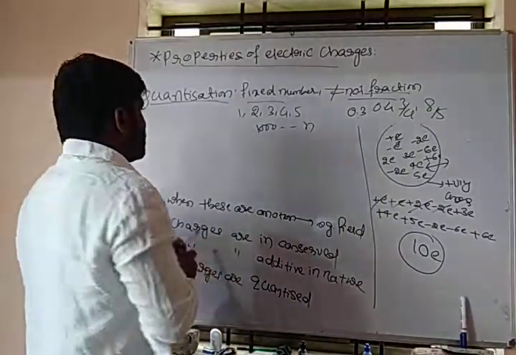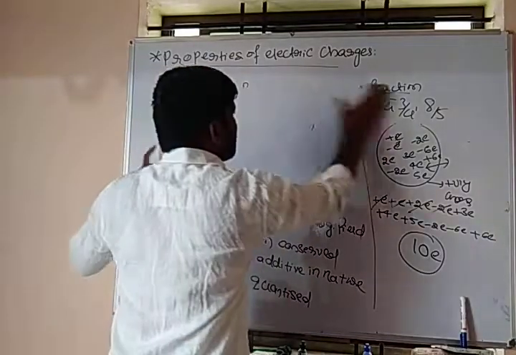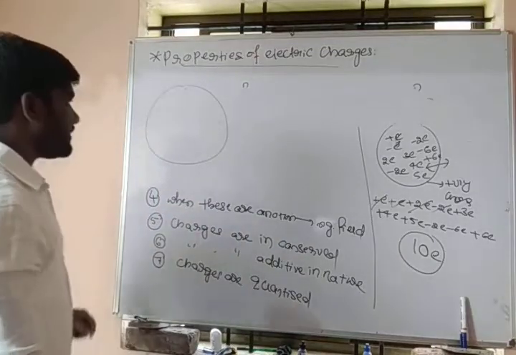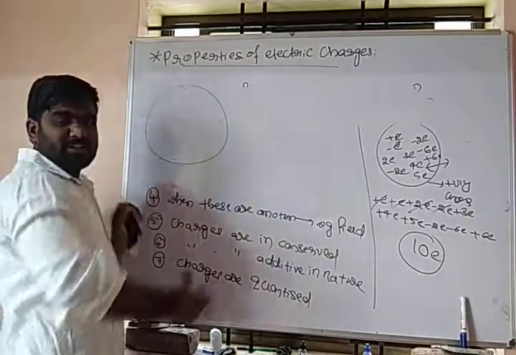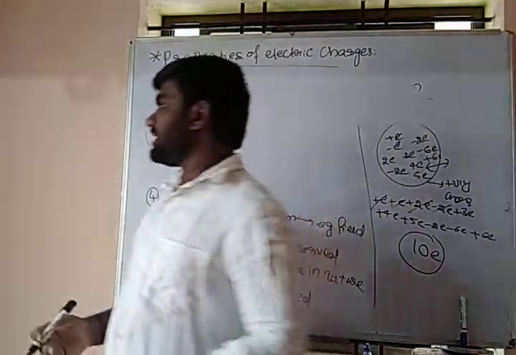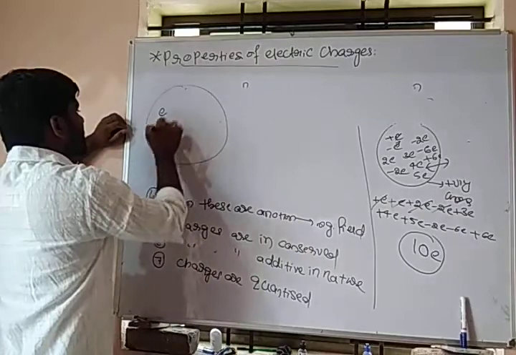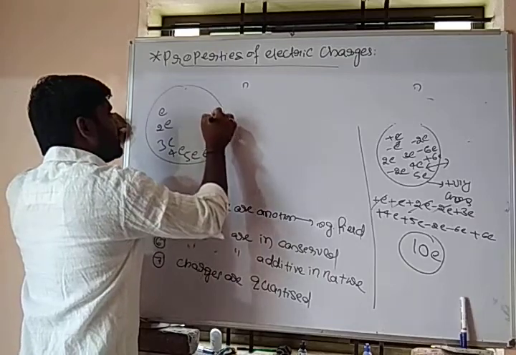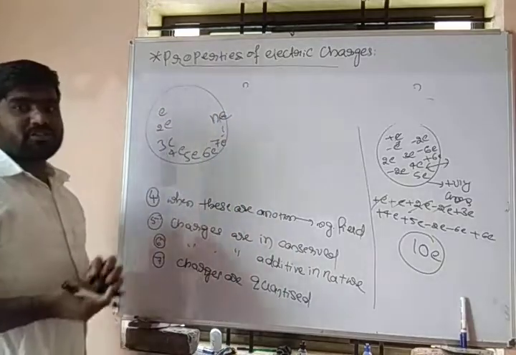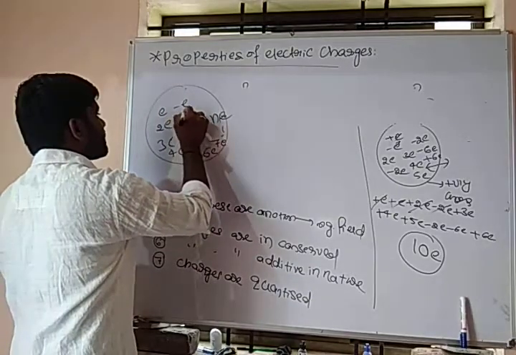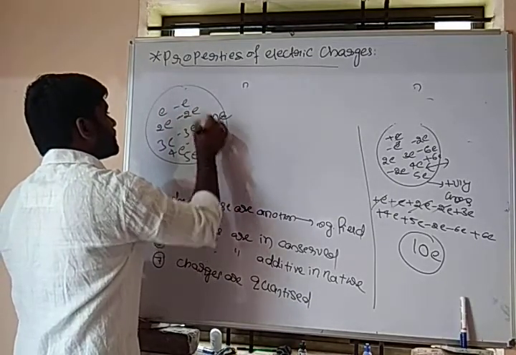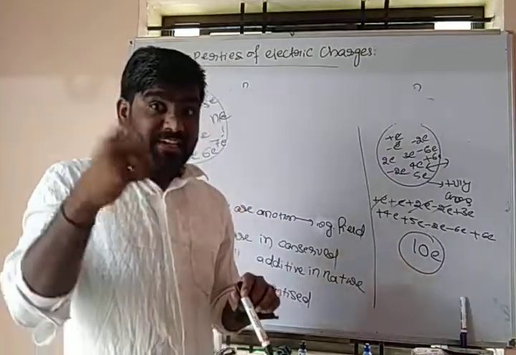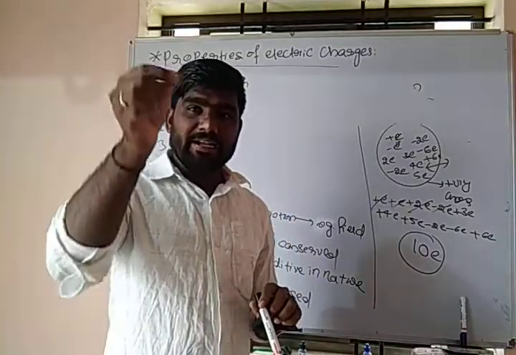So the equation for quantization of charge is this. If I am considering a lot of charges here, positive and negative charges in this sphere, I am considering up to n number of positive charges and up to n number of negative charges. As I told, the charges are additive in nature.